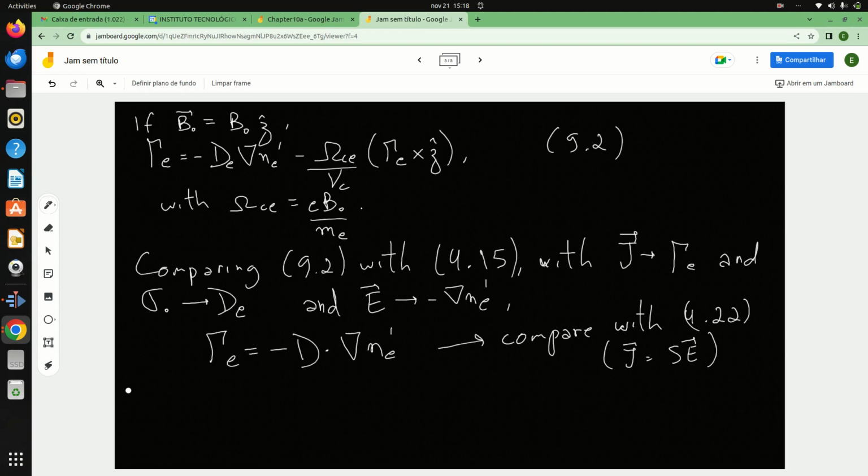In here we have D equal to D perp, D parallel.